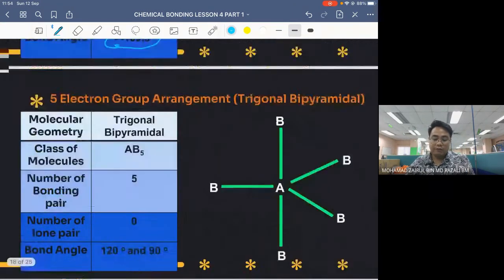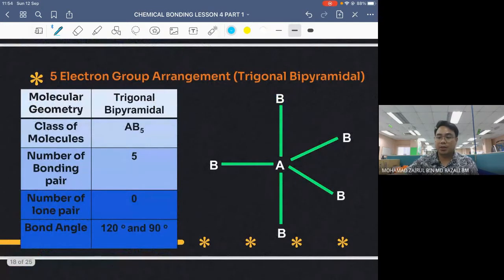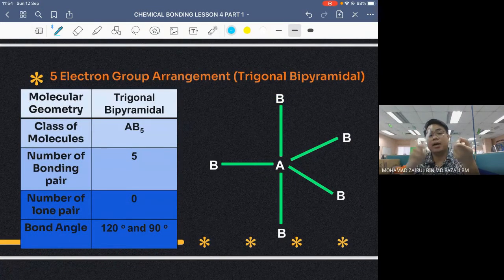Okay, for a 5 electron group arrangement, kalau awak ada 5 electron group arrangement, maknanya awak tambahkan bonding pair and also number of non-bonding pair, the electron group arrangement itu kita akan panggil dia sebagai trigonal bipyramidal. Okay, so the molecular geometry, kalau awak ada 5 bonding pair without any lone pair on the central atom, so the shape itu kita akan panggil dia sebagai trigonal bipyramidal.